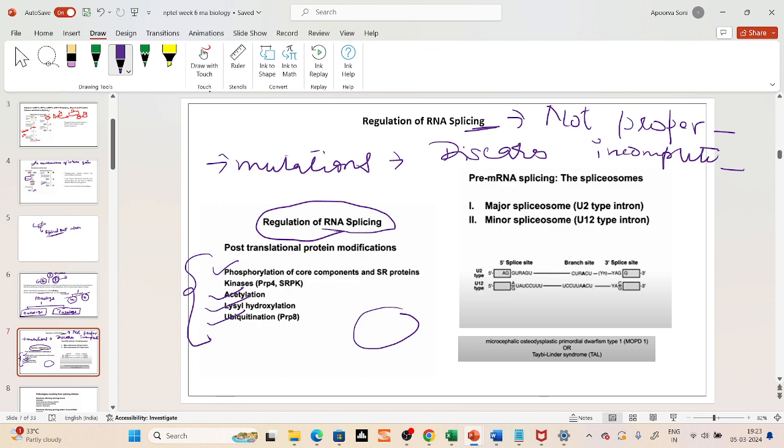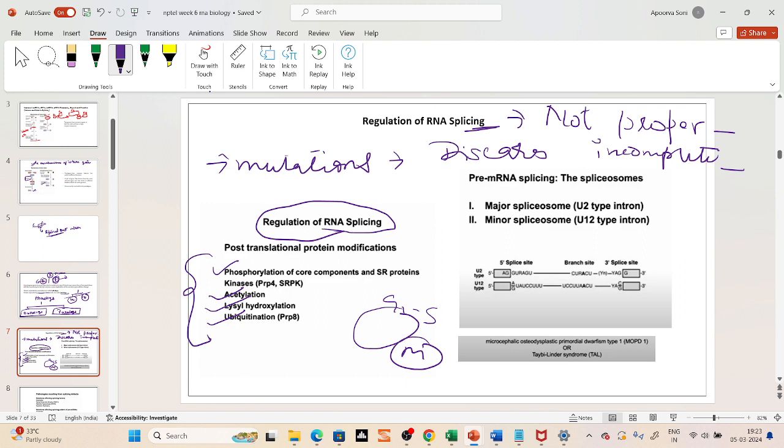When DNA is replicating, it has to pass through all the checkpoints, the G1 to S checkpoint, the M checkpoint. Similarly, splicing also needs to be regulated so that there are no imperfections in our body which can ultimately manifest in the form of diseases.